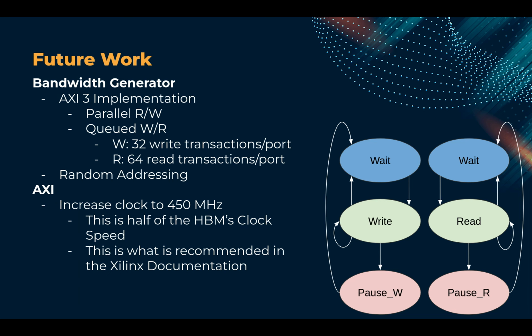But there are other things that we could do to calculate that. And like the AXI implementation for our project, increasing the clock speed up to the 450 megahertz. This is half of the HBM's clock speed, which is how it transfers the 256 bits, and that is what is recommended in the Xilinx documentation.